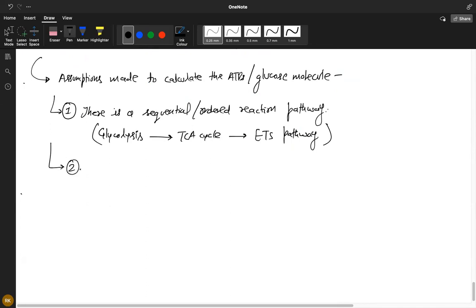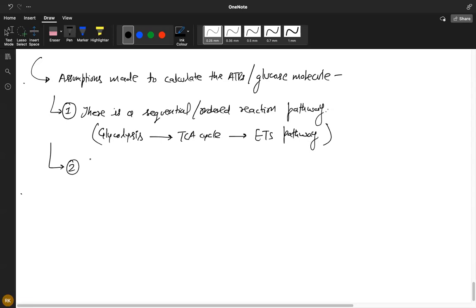The second assumption we make is that, remember, there were some high energy intermediate molecules produced, which were NADH and FADH. And remember, NADH was also produced during glycolysis. You remember that? There was one step where NADH was produced.